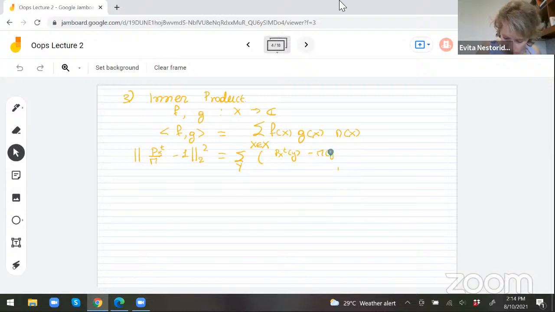And we'll see that this is exactly what works well when we do the Cauchy-Schwarz.